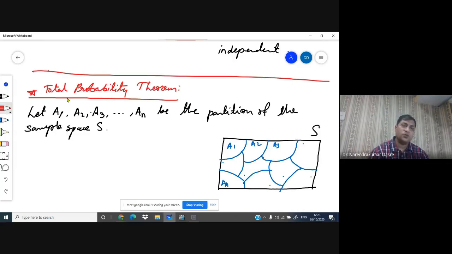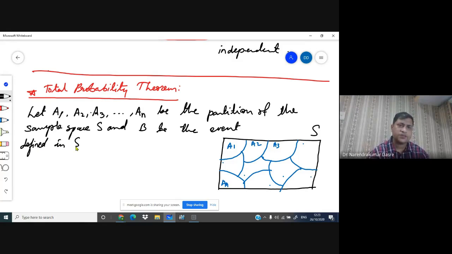Now we consider B to be an event defined in S. If I define any event B within this, it will contain some part of this partition. I'll draw the event.